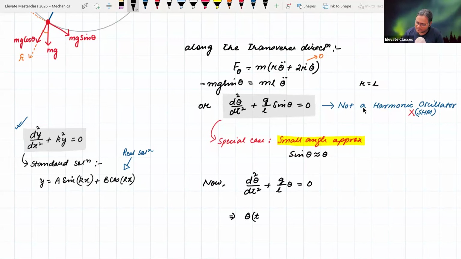Let's suppose omega square is equal to g upon L. So theta t is equal to a sin omega t plus b cos omega t.